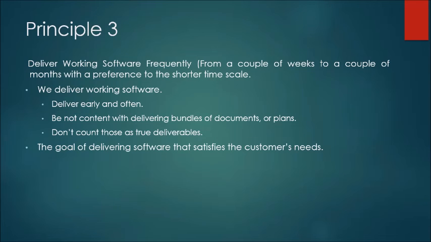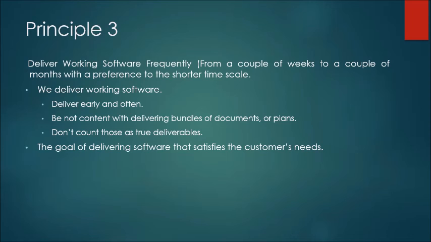Principle 3: deliver working software frequently, from a couple of weeks to a couple of months, with a preference to the shorter time scale. It says we deliver working software. We deliver early and often. Be not content with delivering bundles of documents or plans.